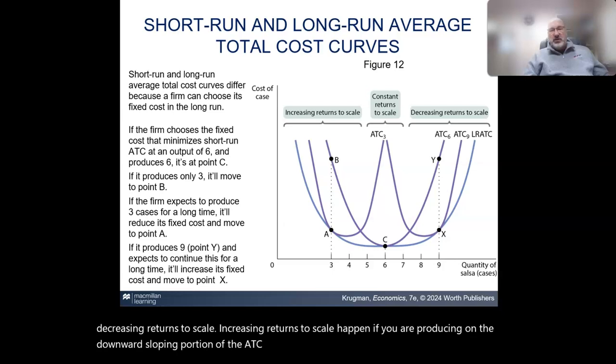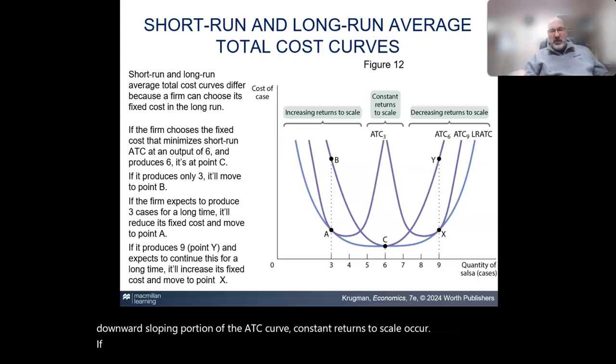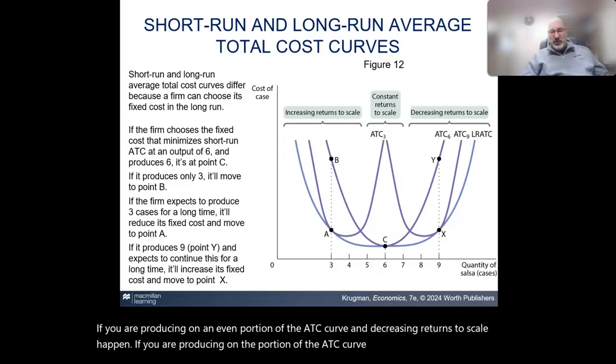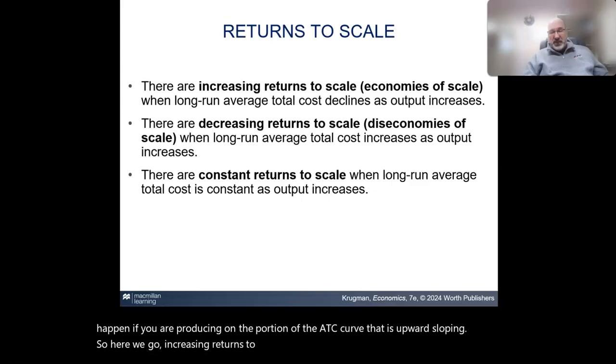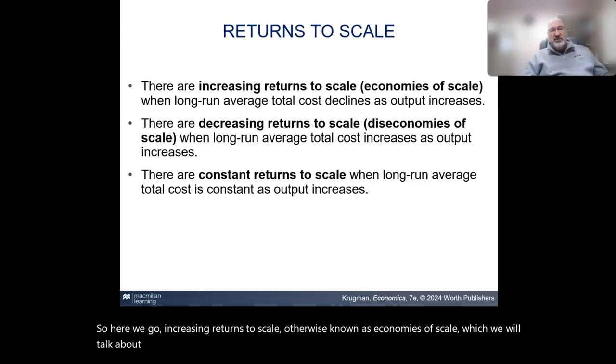Constant returns to scale occur if you are producing on an even portion of the ATC curve, and decreasing returns to scale happen if you are producing on the portion of the ATC curve that is upward sloping. So here we go. Increasing returns to scale, otherwise known as economies of scale, which we will talk about ad nauseam pretty much for the rest of the class, happen when long run ATC declines as output increases.